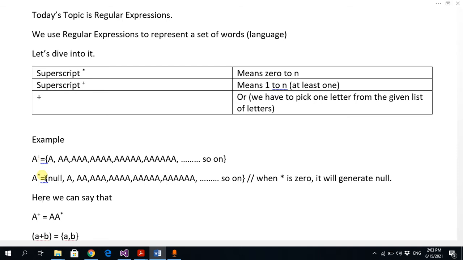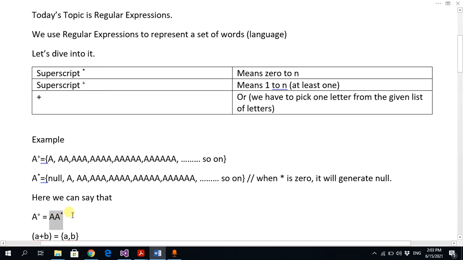The only difference is that A star includes null, but A plus does not include null. So we can say that A superscript plus is equal to A concatenated with A superscript star. Because here you can also choose null, if you want to get rid of the null, you make it mandatory that there will be at least a single A, but there is no upper limit.